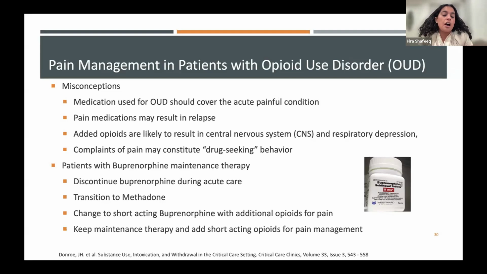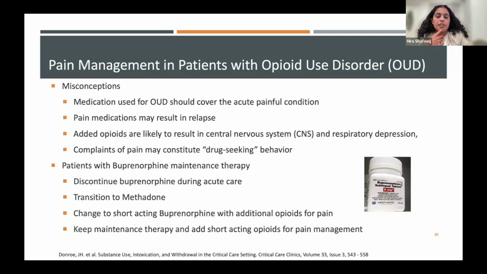Another misconception is that complaints of pain may constitute drug-seeking behavior. I'm not going to lie, I have seen drug-seeking behavior in some of these patients with a history of opioid use disorder, and it can be really hard to decipher their true pain versus not. I practice primarily in the surgical ICU, so I would go with really understanding the procedures someone had and how likely they are to experience pain after that procedure.